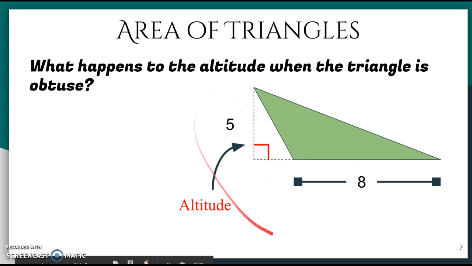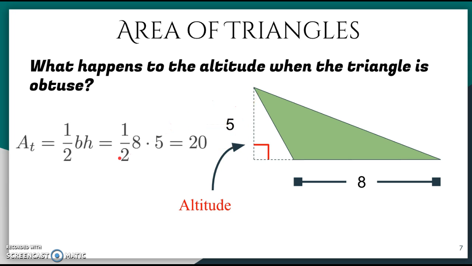But this will not affect the way we calculate it. So here our base is 8, our altitude, or height, is 5, and so our base times our height is 8 times 5, half of that, and we get 20 for this.